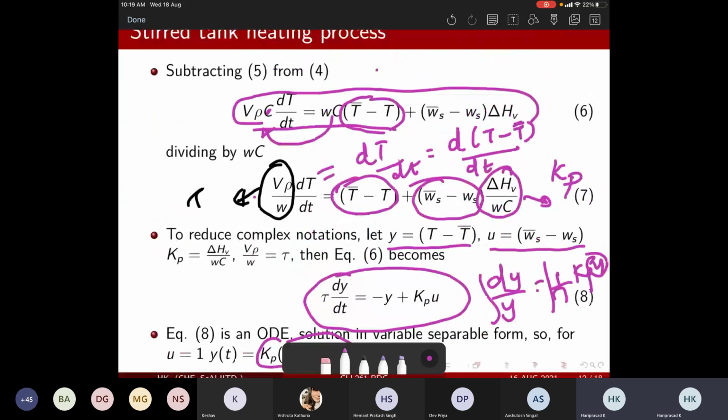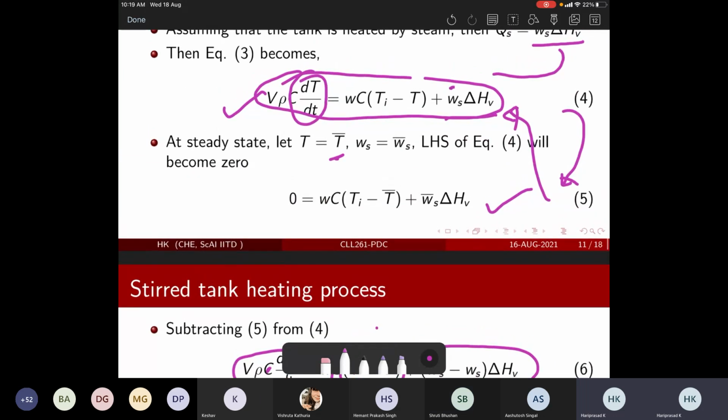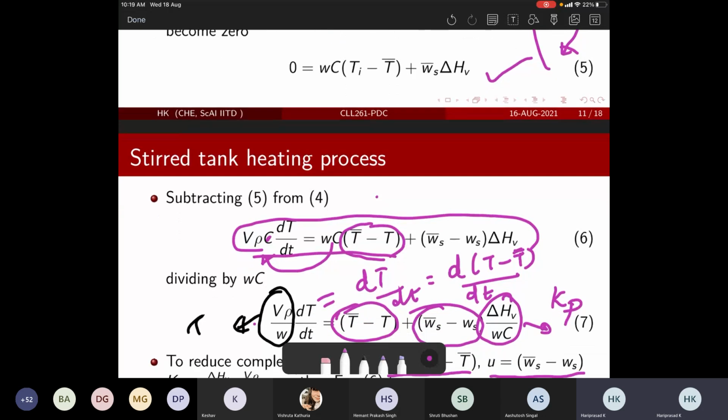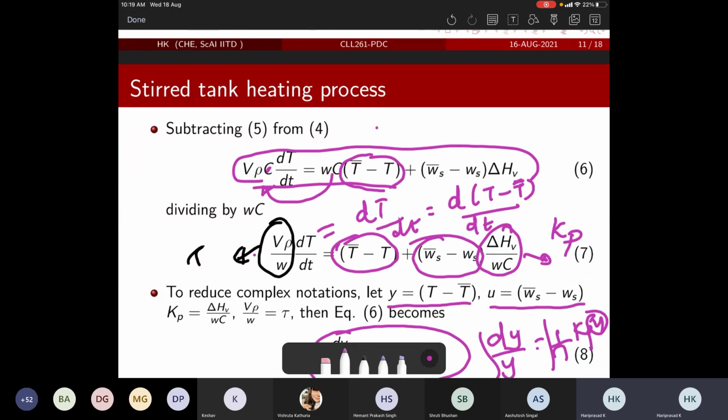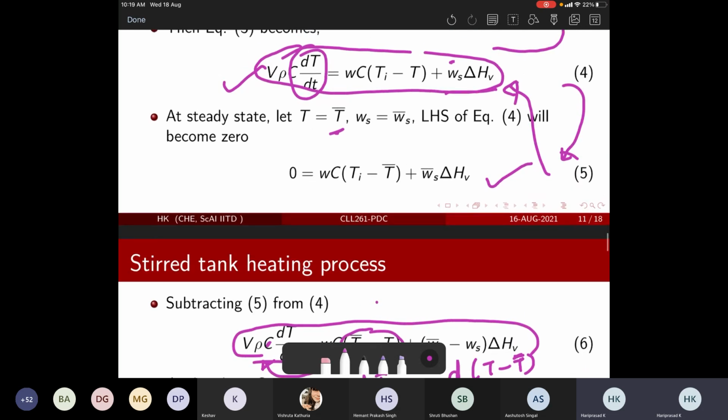What's the significance of coupling together the unsteady and the steady state equations? Good question. Eventually you really need dynamics that satisfy both steady state and unsteady state. Say you are working on a process system.